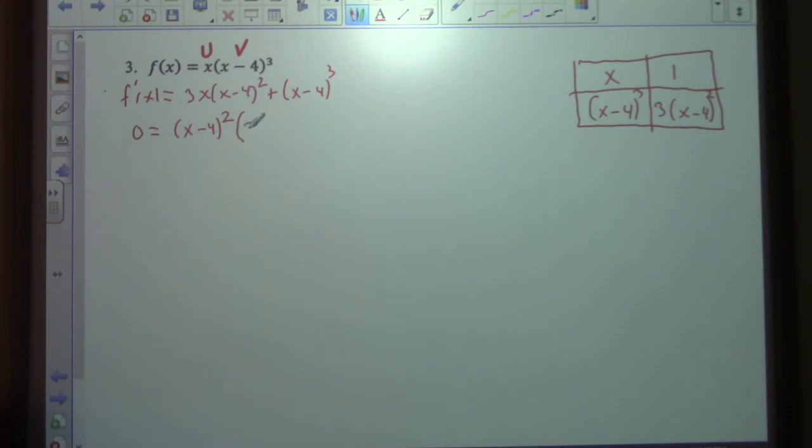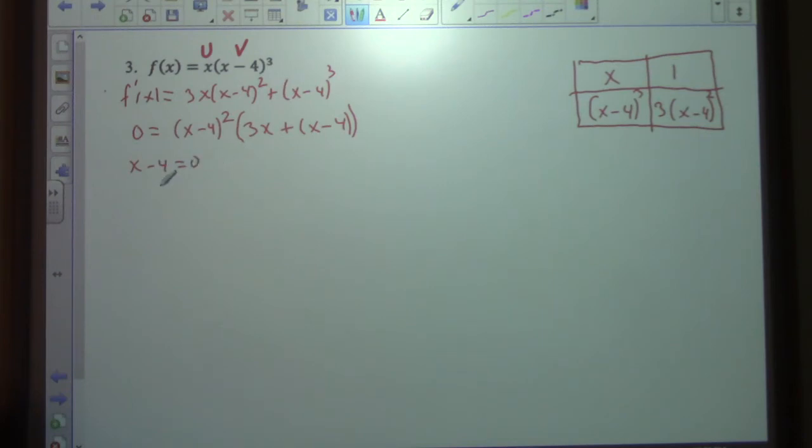Well, it's going to be 3x, right? And then plus the remaining x minus 4. And so we can set each one of these equal to 0, right? So we have x minus 4 is equal to 0.